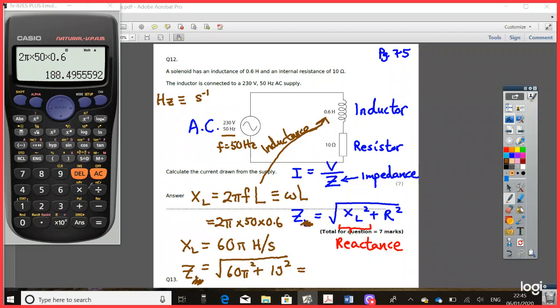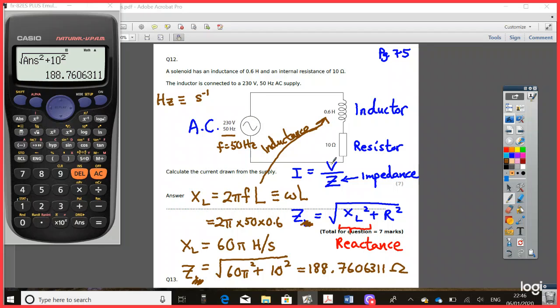In the calculator, because I already saved that as my answer, I could simply do the square root of my answer squared, and then add 10 squared. Let's tidy that up: 188.7606311 ohm. So we've got the impedance now.